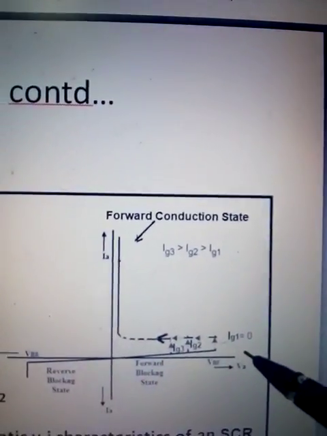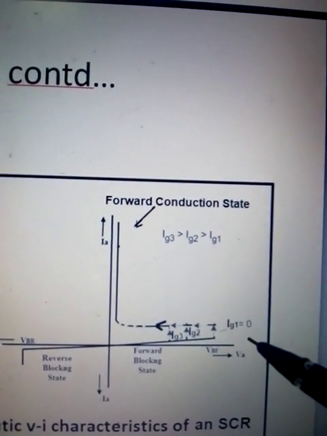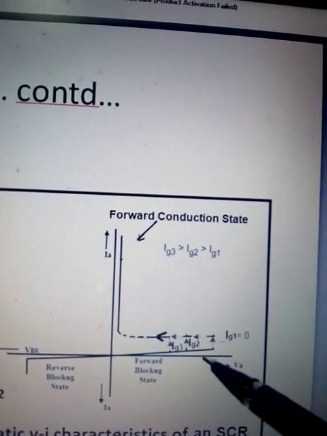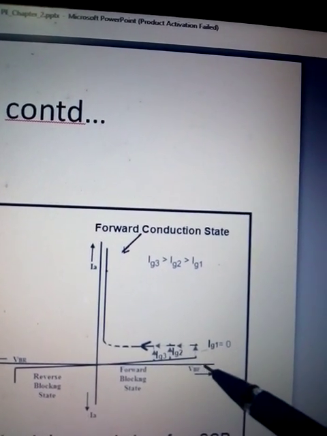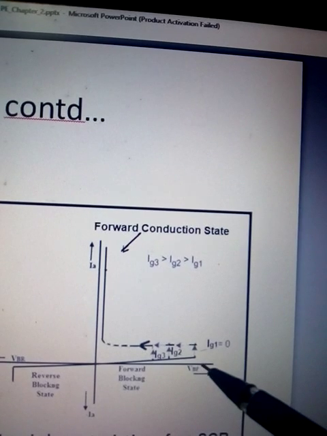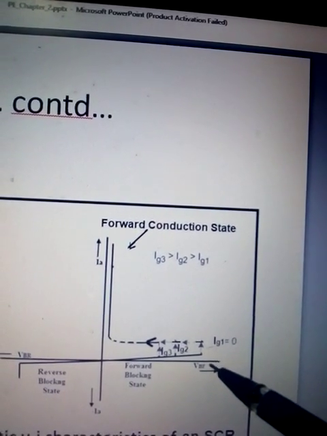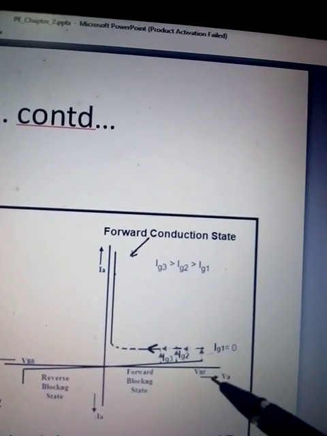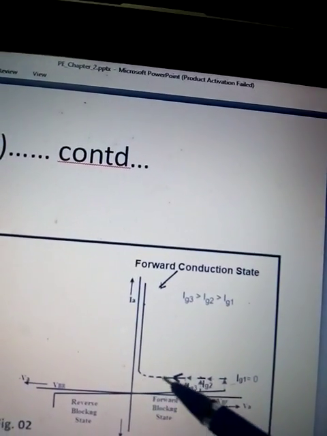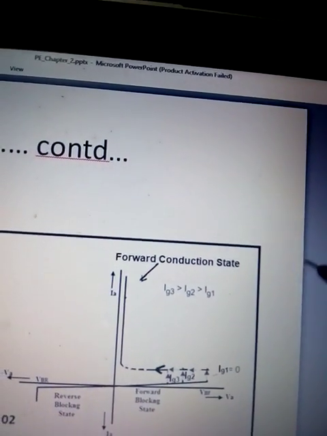Gate current is 0. When you apply some gate current, say 5 milliamps, SCR will conduct before 500 or 400 or 230, whatever it is, the breakover voltage. So before the breakover voltage, it will conduct, and again it will go to the conduction state.